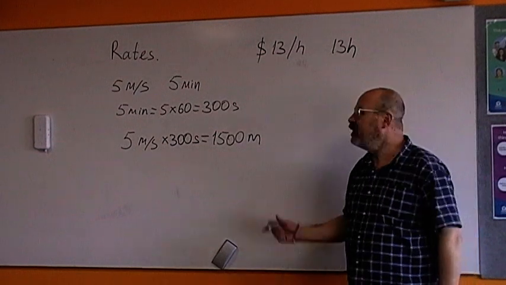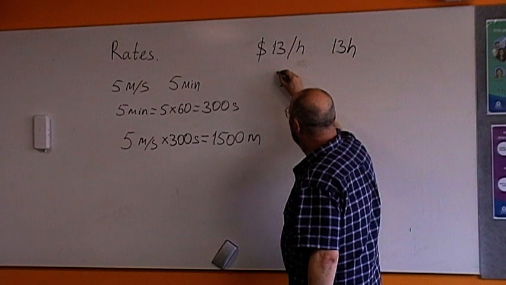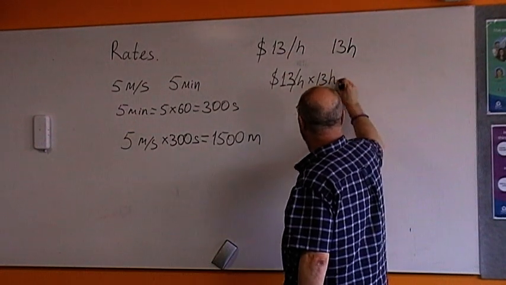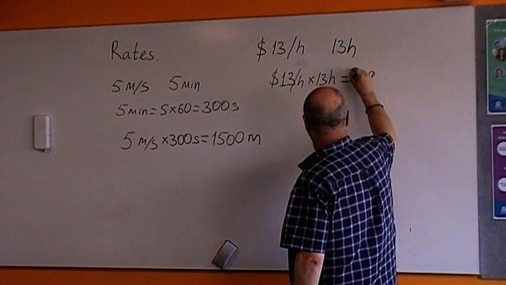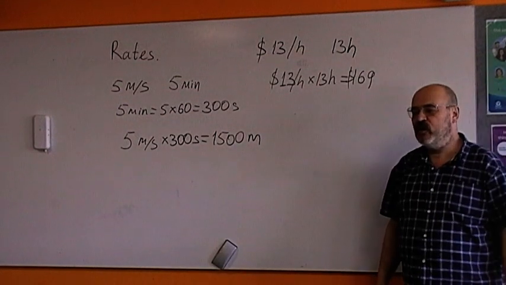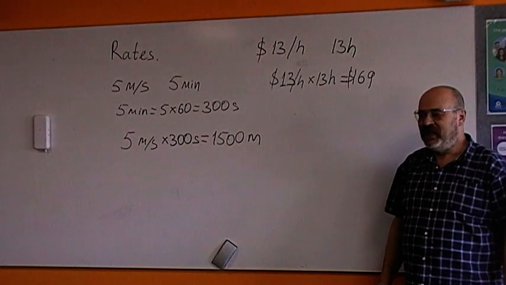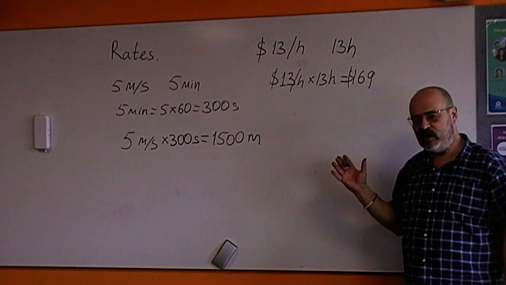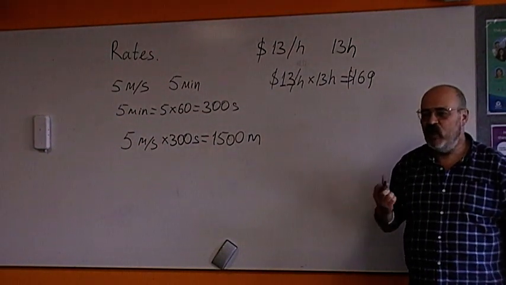We need to multiply $13 per hour times 13 hours, which will be $169. 13 times 13 is 169. So now she is rich and independent. Makes sense? How to do calculations with a rate. That's so much easier.